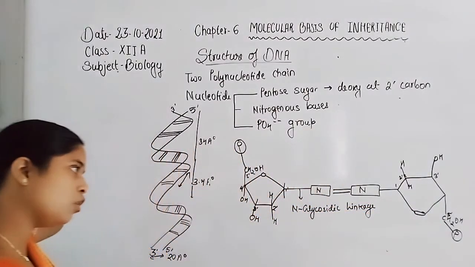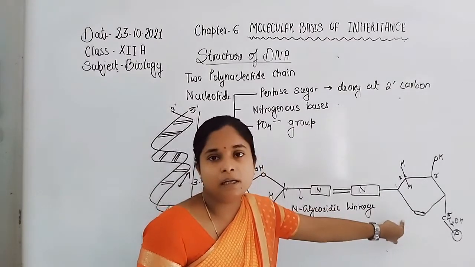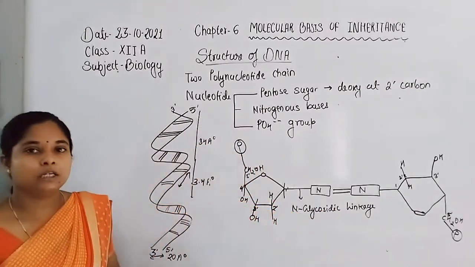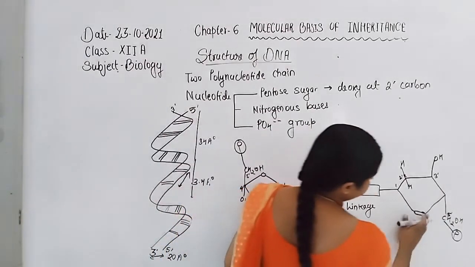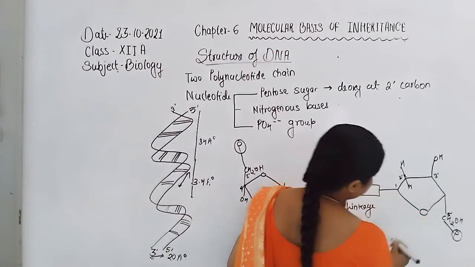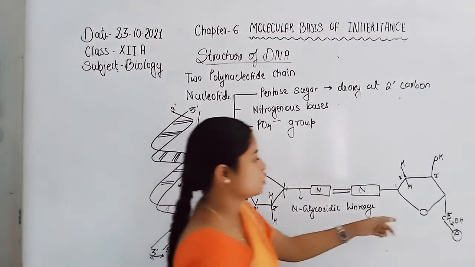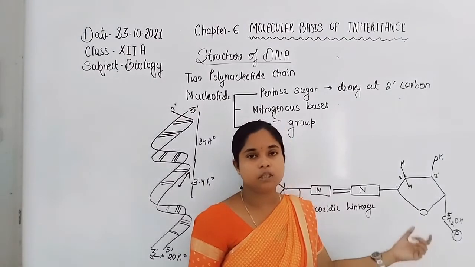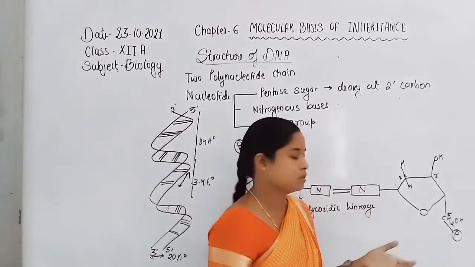So this is the structure of the nucleotide of the anti-parallel strand. So here is the nucleotide of one strand, and this one is the nucleotide of the anti-parallel strand. So that's why this strand looks opposite in appearance.